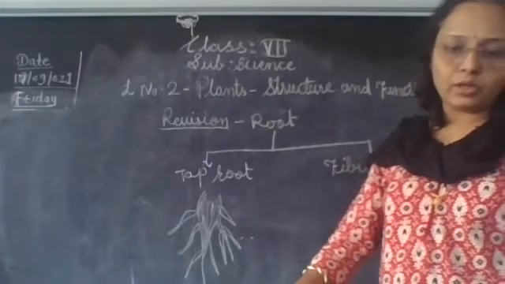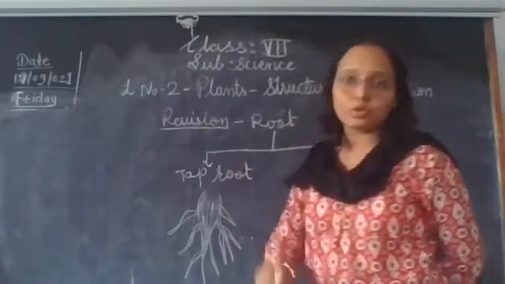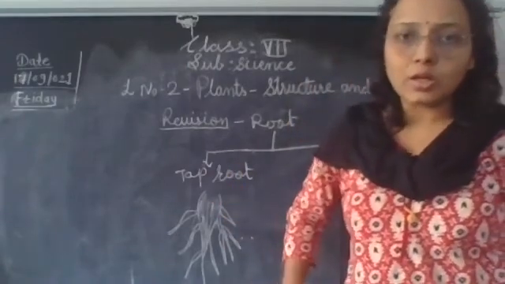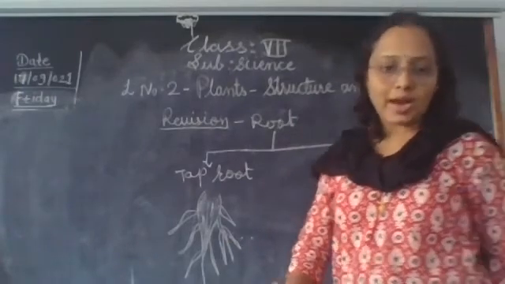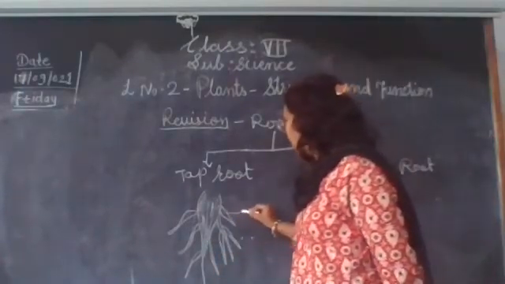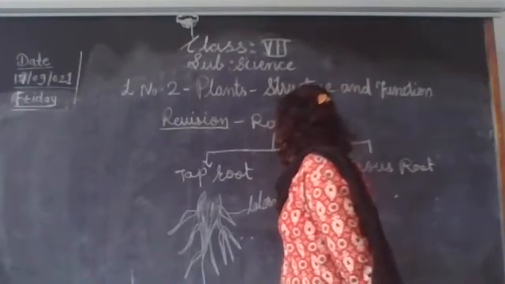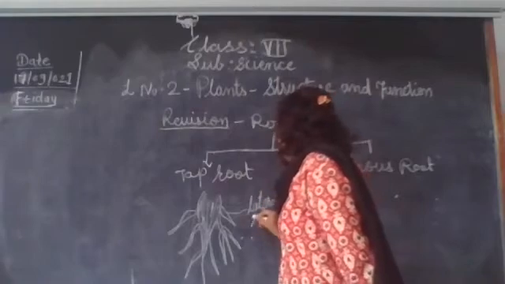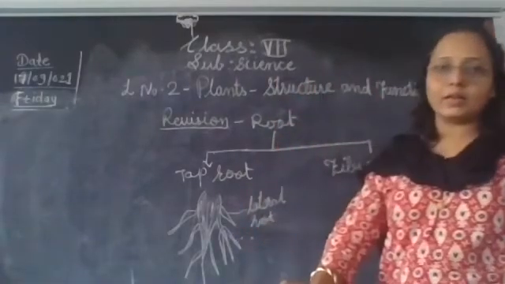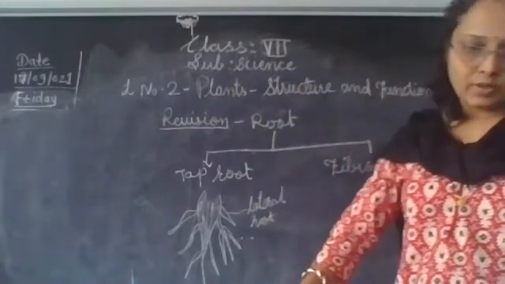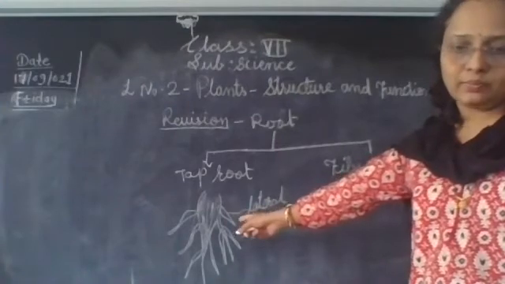The primary root is called the taproot or the true root. The smaller roots are called lateral roots, or lateral branches. So this is a taproot system.